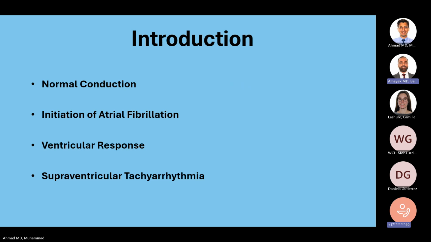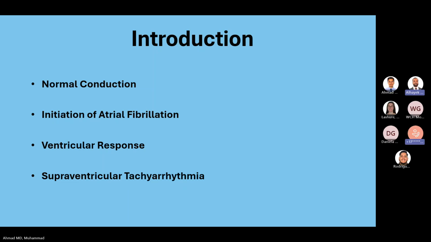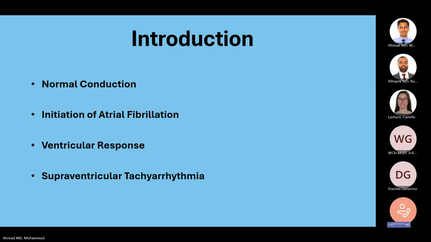Instead of one organized wave of depolarization, there are hundreds of chaotic wave fronts circulating throughout the atria. The AV node blocks many of these impulses, allowing only some to reach the ventricles. This produces the characteristic irregular ventricular rhythm that you see in atrial fibrillation. So atrial fibrillation is a supraventricular tachyarrhythmia characterized by rapid electrical activity in the atria, resulting in ineffective atrial contraction and irregular conduction to the ventricles.